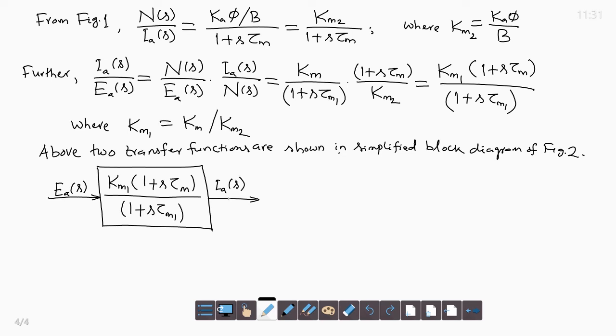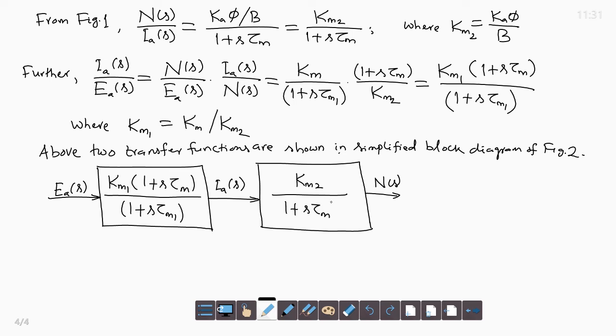This is the transfer function Ia(s) by Ea(s) obtained above. Then we have another functional block whose input is current Ia(s) and output is the speed N(s). This block has the transfer function Km2 divided by 1 plus sτm. This is figure 2. This functional diagram will be taken for consideration and study of the controllers.